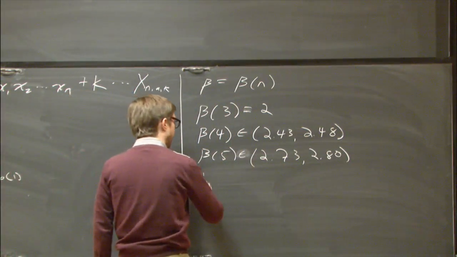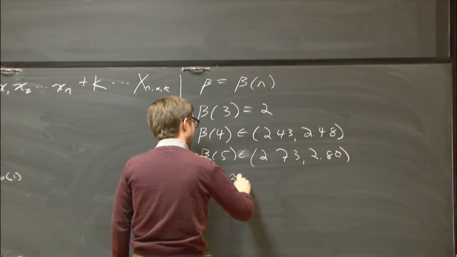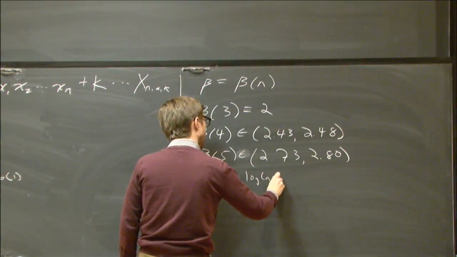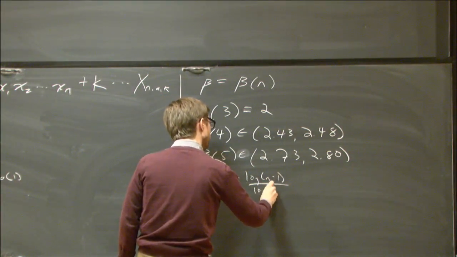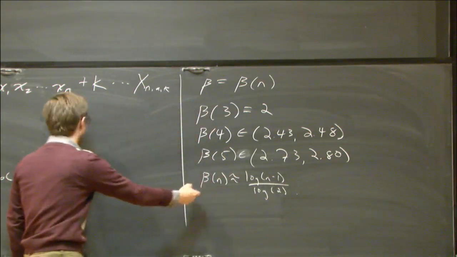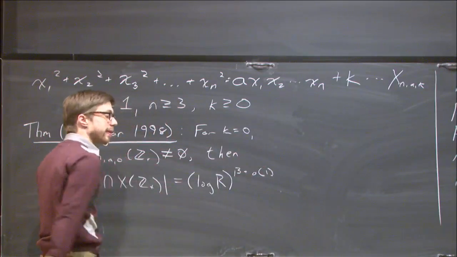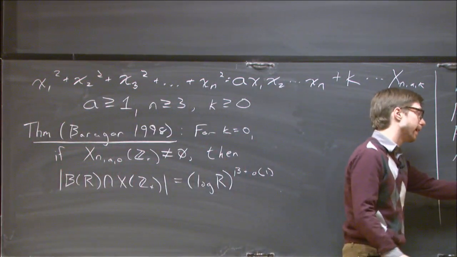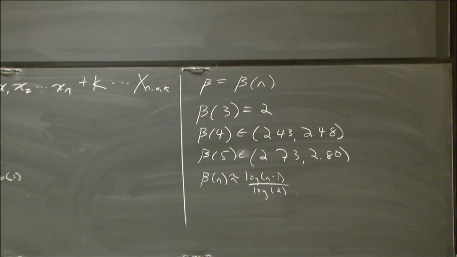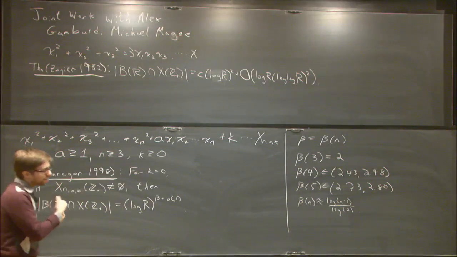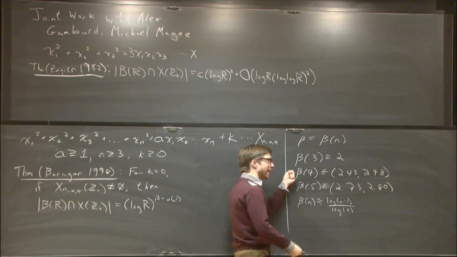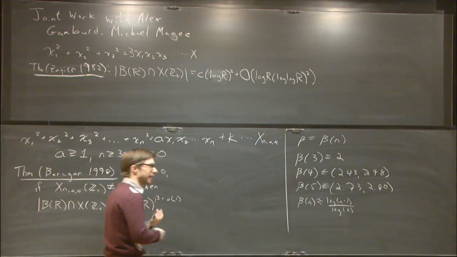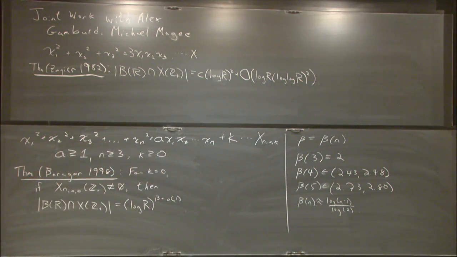In general, beta of n is something like log of n minus 1 divided by log of 2. And in this work, there are some bounds about exactly how close beta of n can be to this log of n minus 1 over log of 2. So this is a surprising and kind of mysterious result. It's not quite what we would expect.